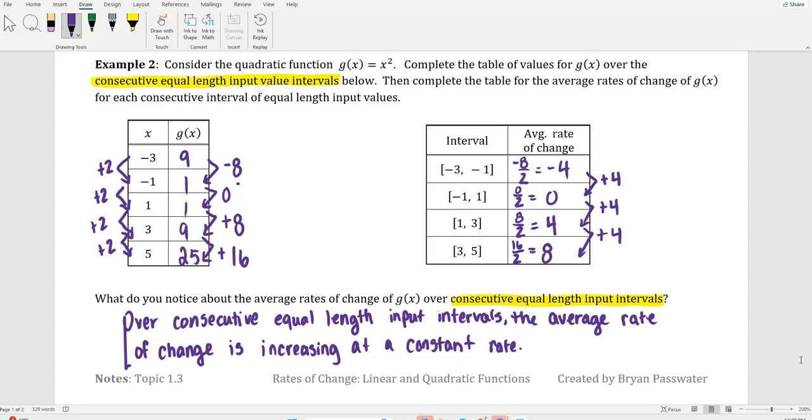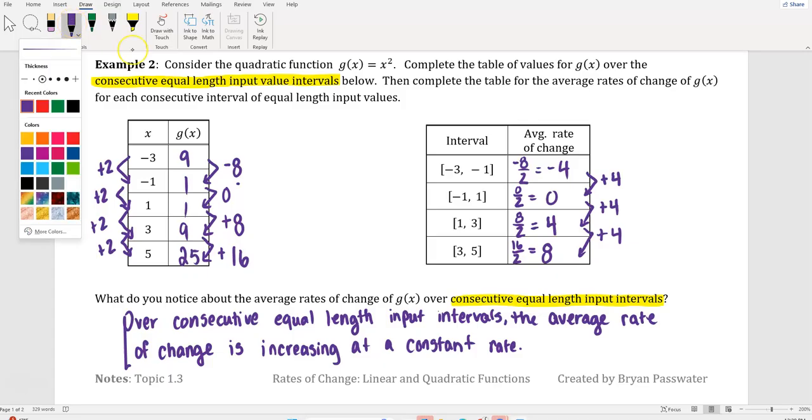Now, the cool thing about this is you actually don't even have to look at the average rate of change. You can shortcut this a little bit because as long as you have consecutive equal length input value intervals, meaning that the x coordinates are increasing at a constant rate, then watch.